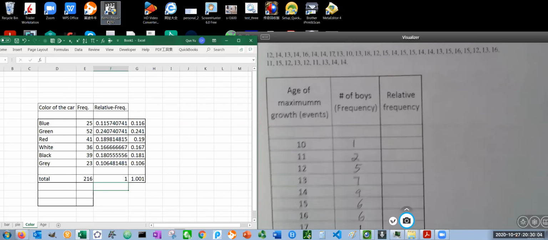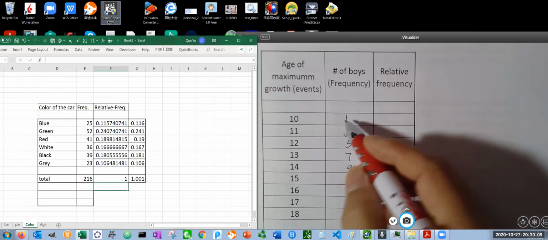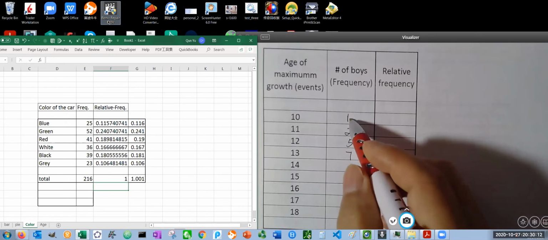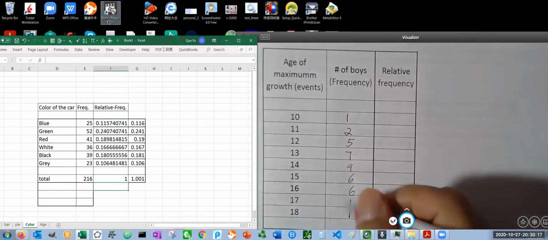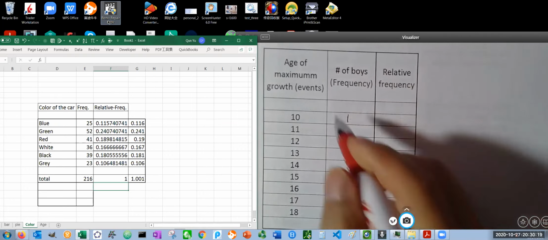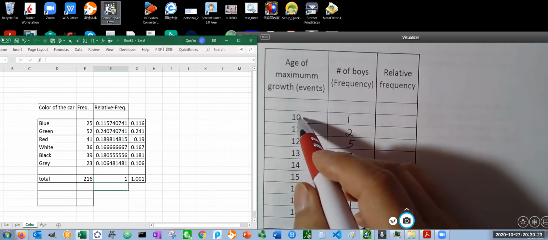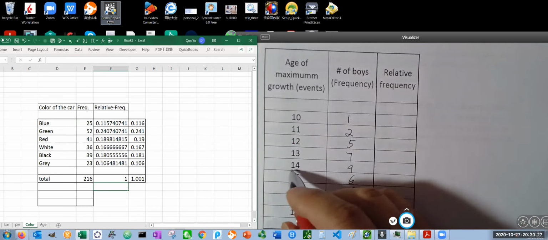How do I know my count actually was right? If I was right and I add them all together, it should be 35, because the total number of boys is 35. Only one boy grew fastest at 10 years old, and 9 boys grew fastest at 14 years old.